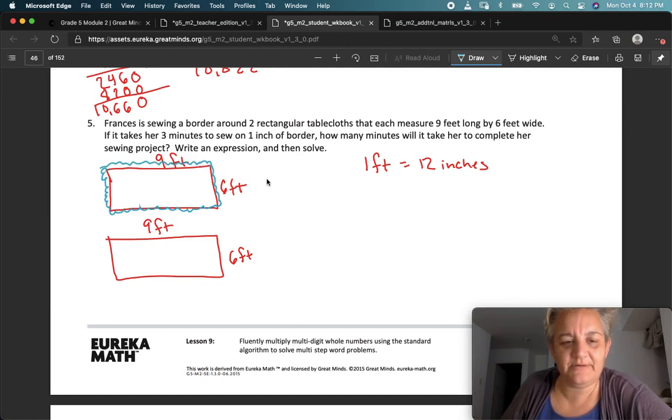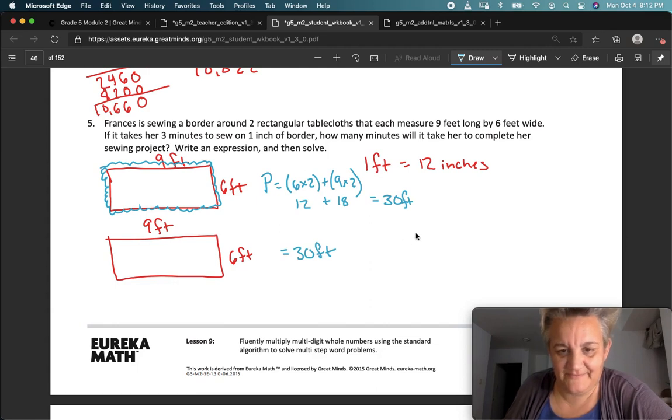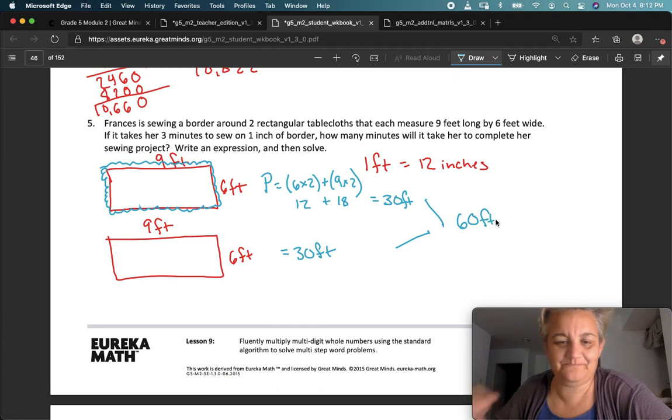And so perimeter equals 6 times 2 plus 9 times 2. 6 plus 6 is 12, plus 18, which equals 30, right? Now that's each. So this one's also 30, and that's feet. So altogether we have, for both of them, 60 feet.